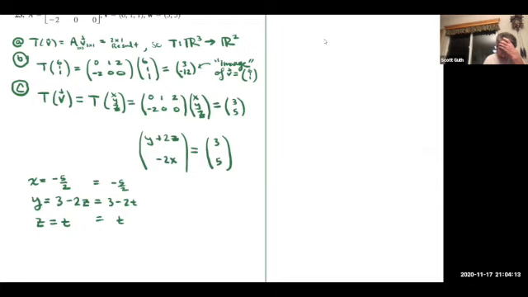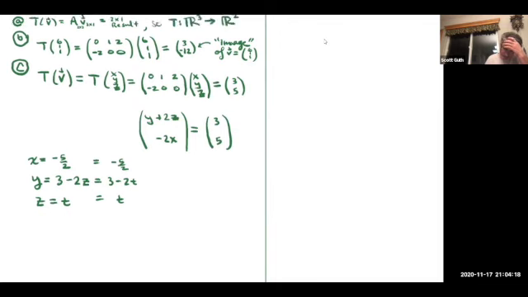So if you want to write this as a vector, you would say that v is the xyz, which would have to be negative 5 halves, 3, 0, plus t times 0, negative 2, 1.